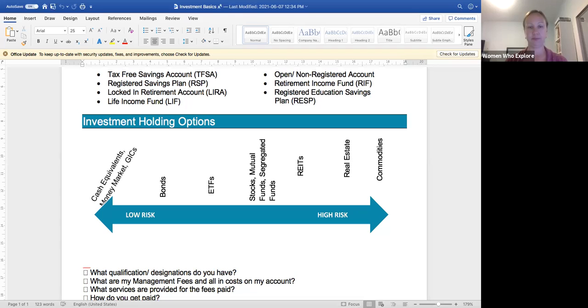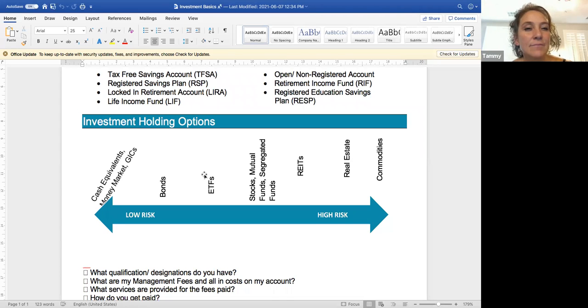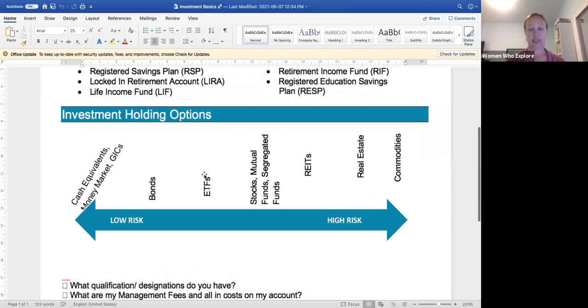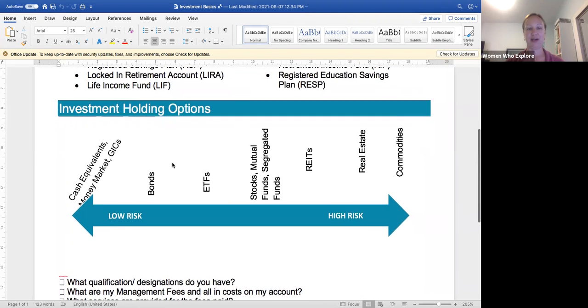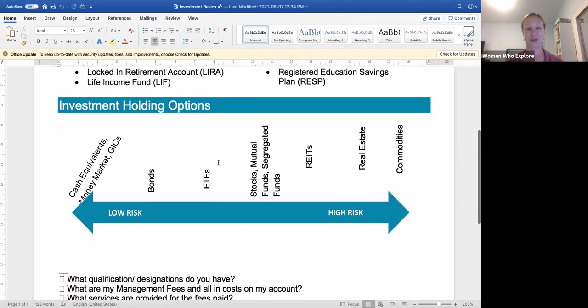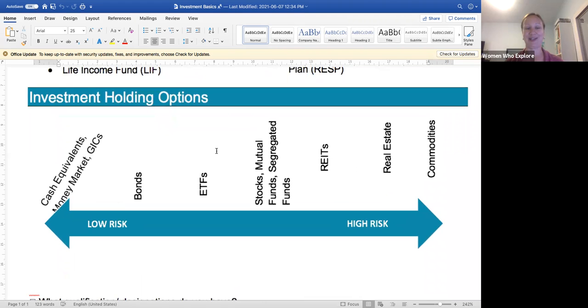Okay. So let me know if you guys can see my screen here. Yes. Perfect. So what I want to focus on today is the different type of investment holdings, and we can ignore the piece above in regards to the different account types, as that is applicable to Canadian account types.